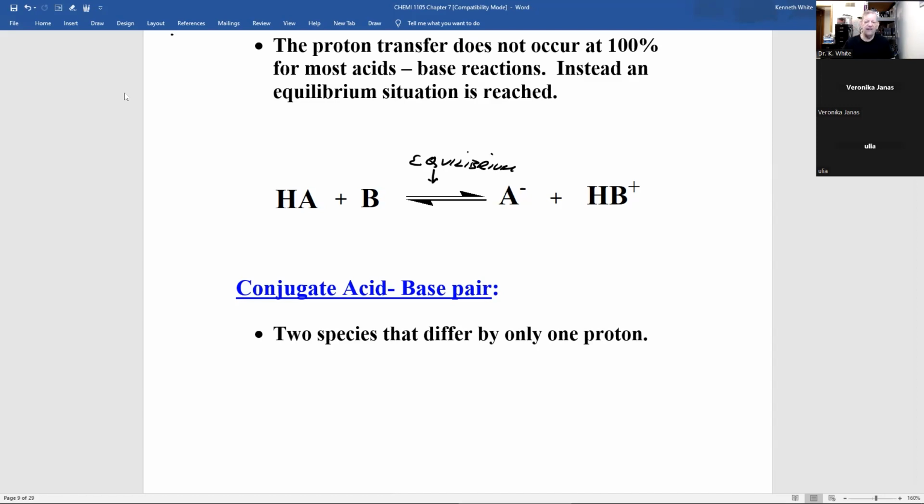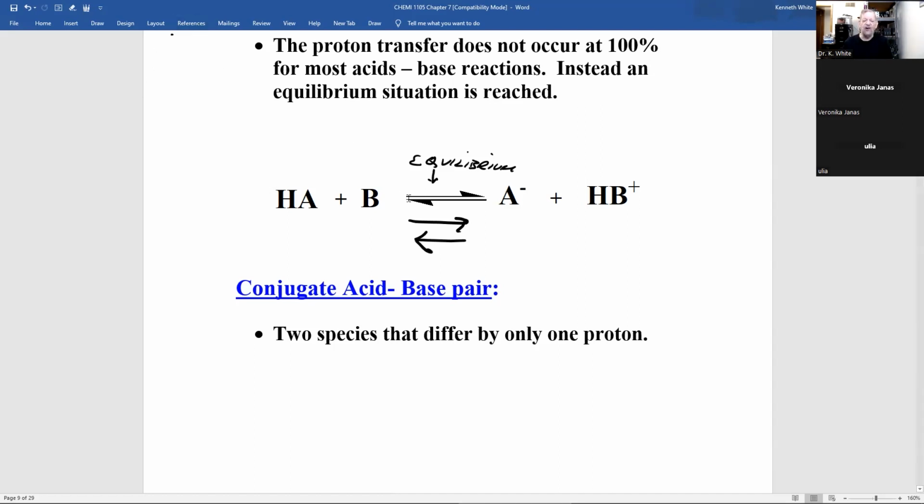Now, in Chem 11, 1211, we go into a whole chapter on equilibrium. And here, we're not going to, but equilibrium means there's 2 reactions going on at the same time, from left to right and from right to left, and they go at the same rate.